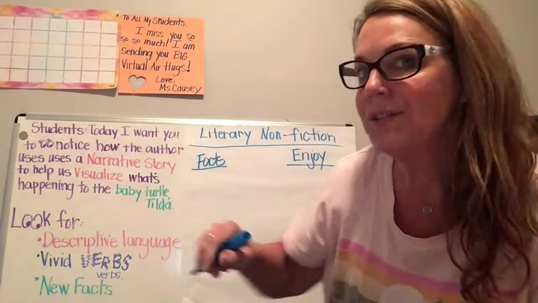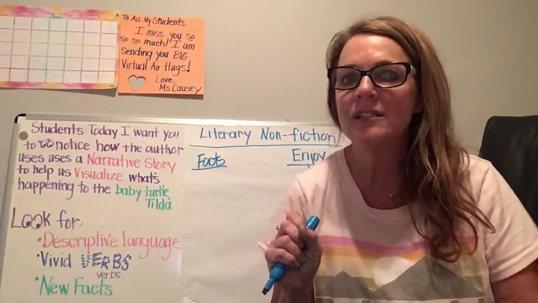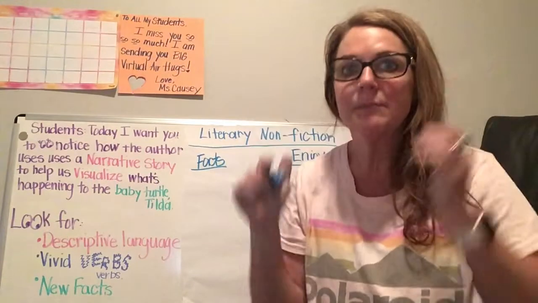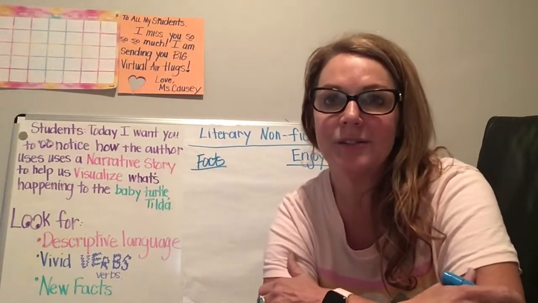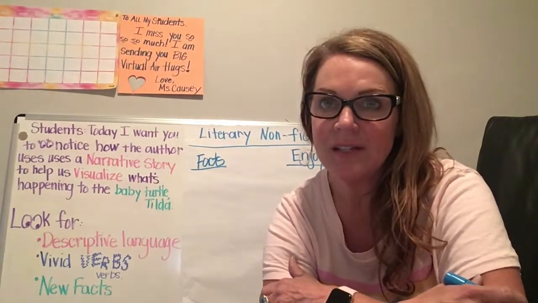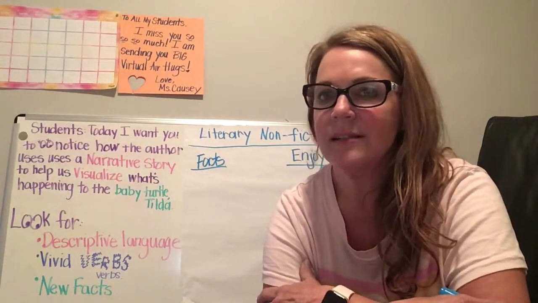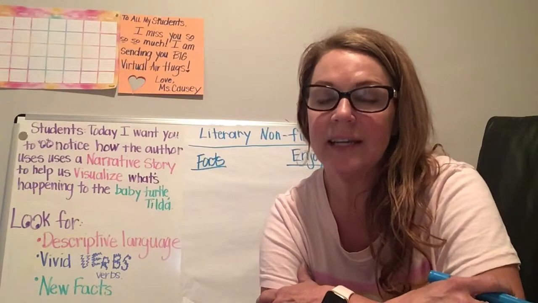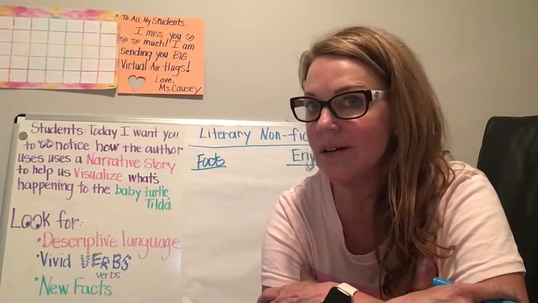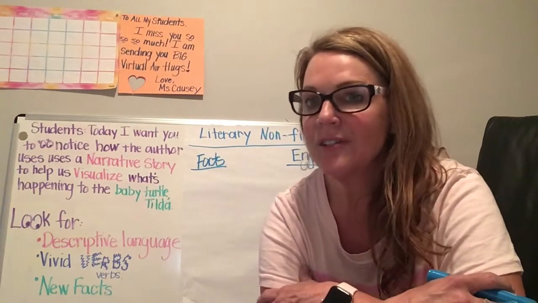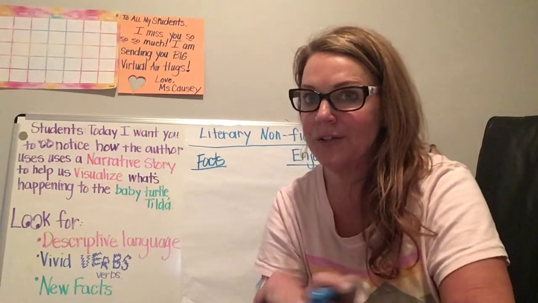What I'd like for you to do is I want you to pay attention to the images, the mental images that you have in your head, because I'm not showing you any pictures. So listen to the way the author uses the descriptive language to describe what's going on with this baby turtle. And then you're going to stop and you're going to draw your image.